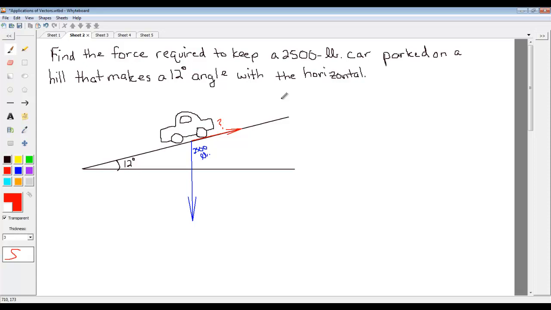And we've got a force in which the weight pushes down on the hill. The 2,500 pounds has a force with the weight pushing against that hill. So let's also draw a vector where the weight's pushing straight onto the hill, like that.